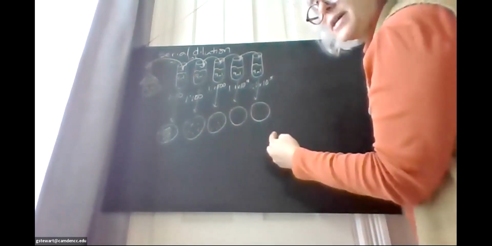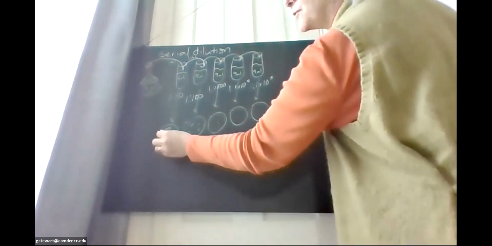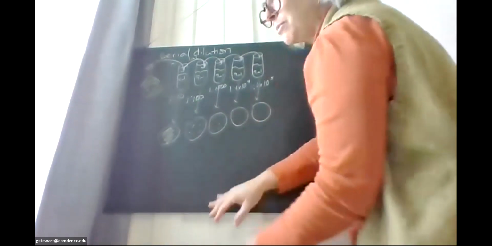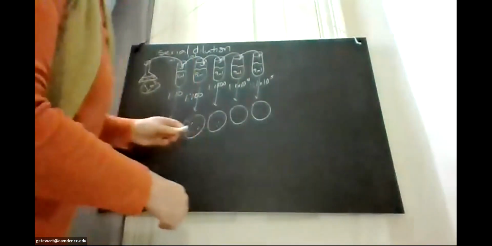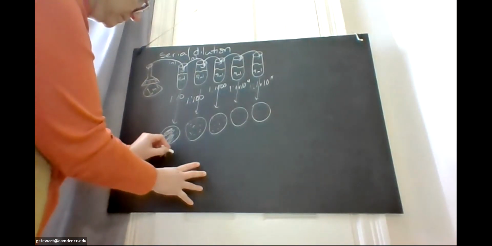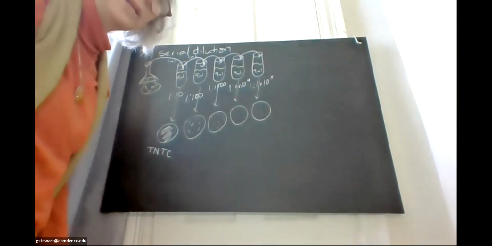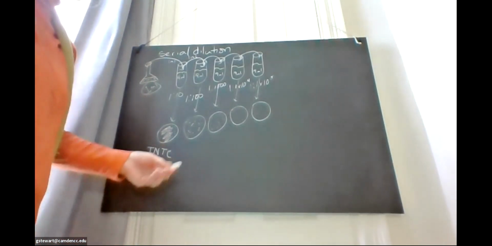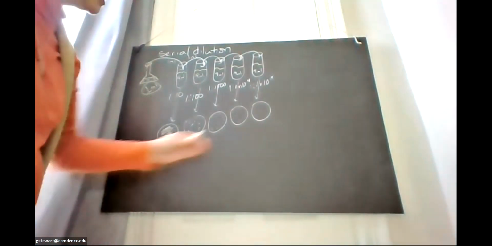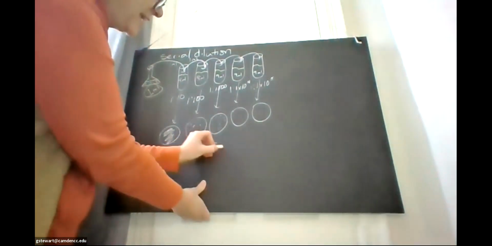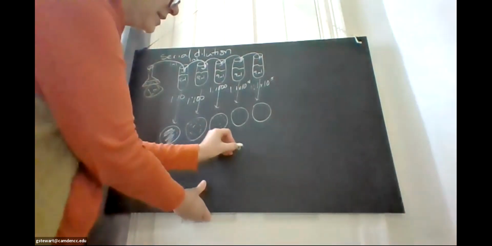And they should decrease in number as they get more dilute. The first few are usually what we say too numerous to count. And those would literally be described as TNTC, too numerous to count. We are looking for a plate that has colonies between 25 and 250 colonies.